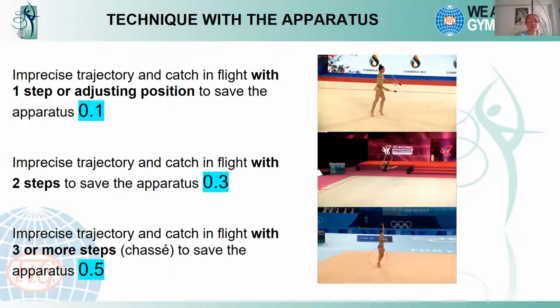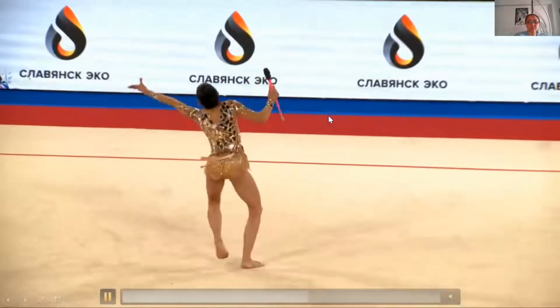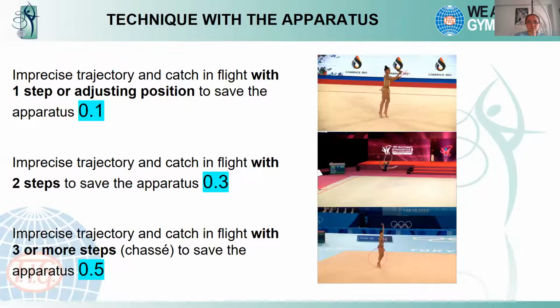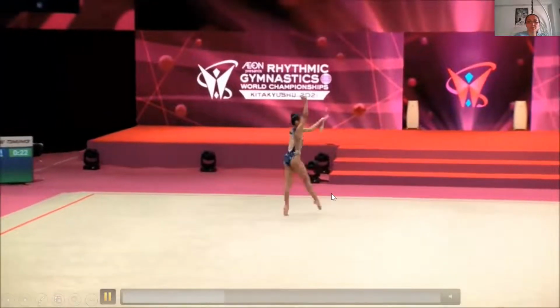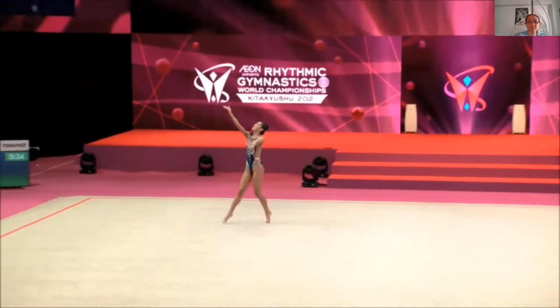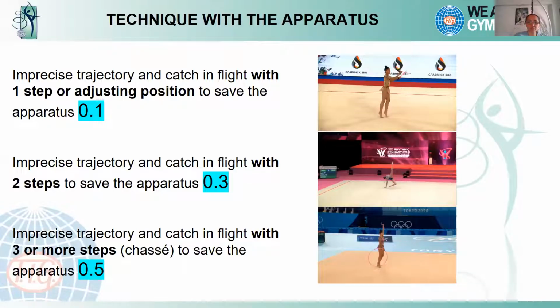Imprecise trajectory and catch in flight with 1 step or adjusting position to save the apparatus. This is 1 step. Two steps to save the apparatus. This is an imprecise trajectory.